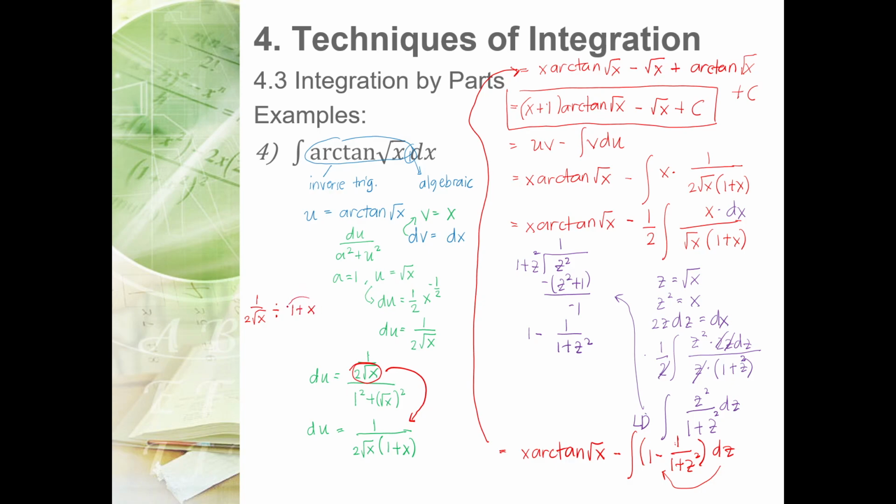Ay, okay, sir. Take the reciprocal of the second term, di ba? So na may mo siyang 2 square root of x multiplied by 1 plus x. Okay, sir, thank you, sir.